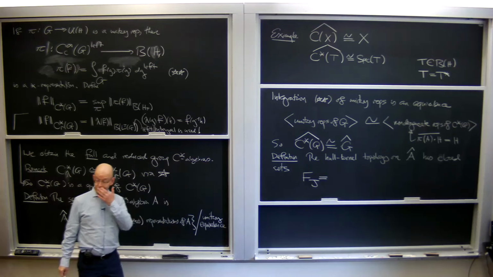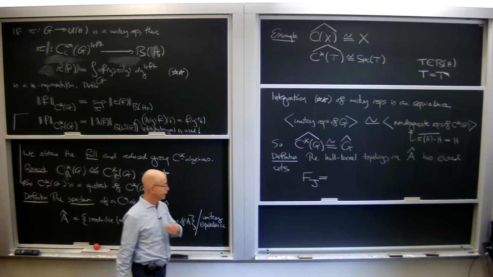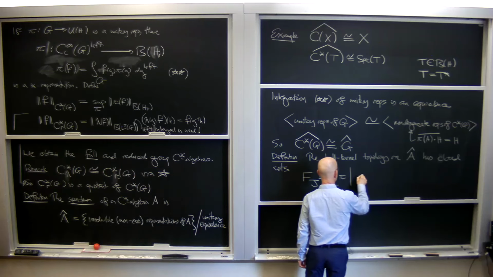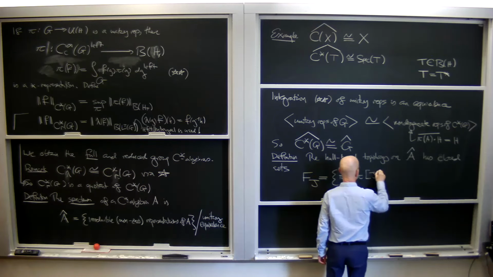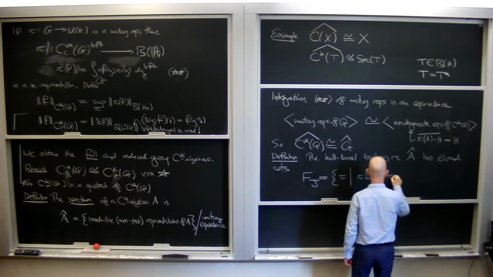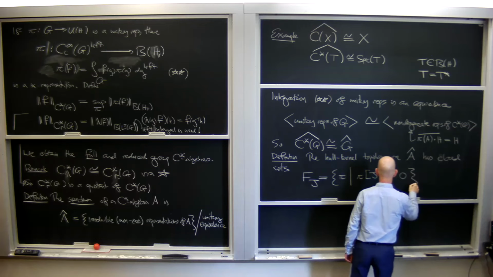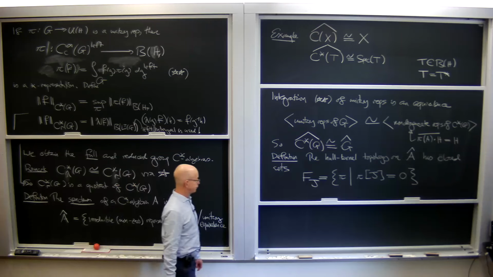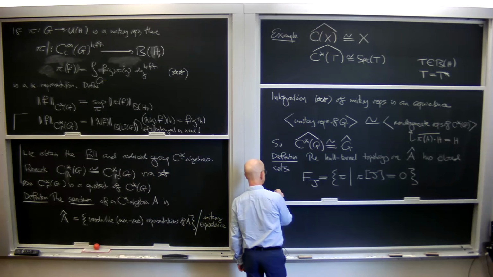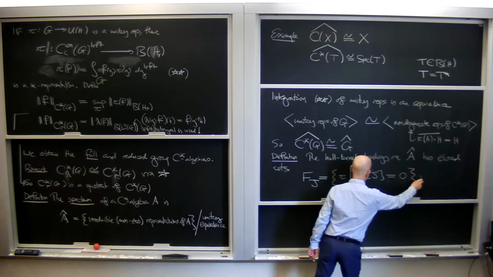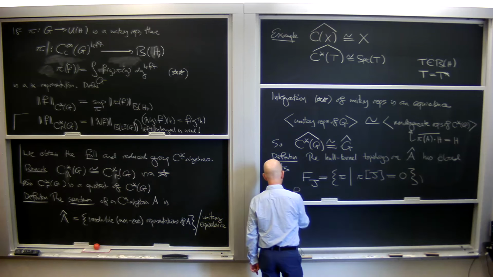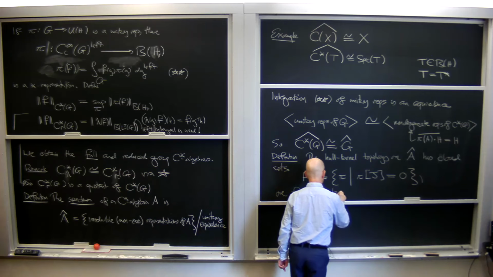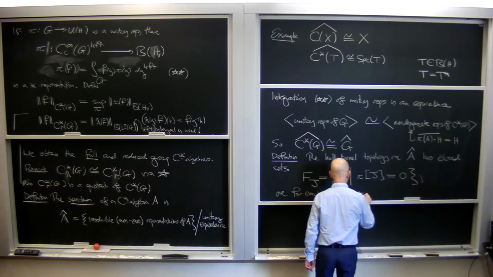So there's one closed set for each ideal, closed two-sided ideal in A, and the condition which builds a closed set out of an ideal is just this. So one closed set for each closed two-sided ideal.